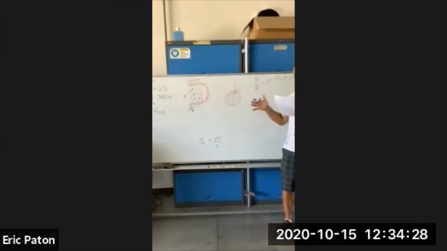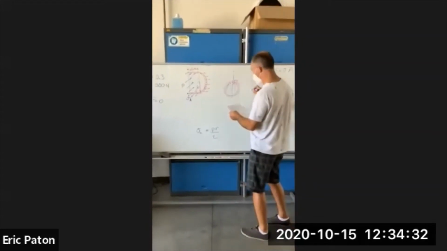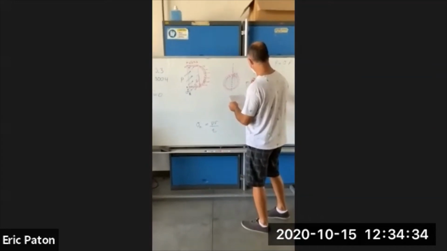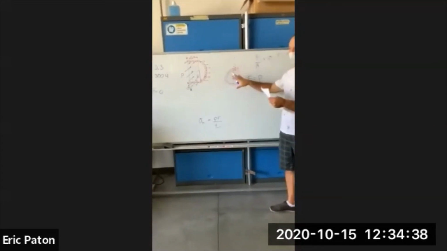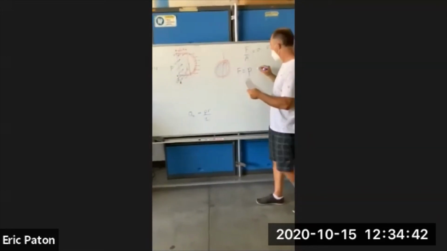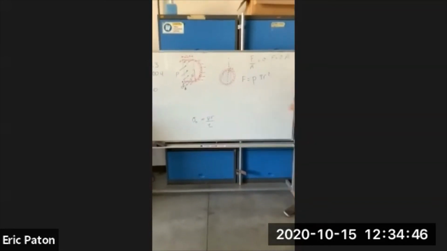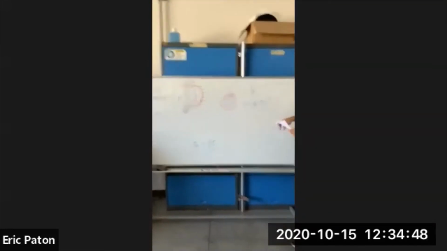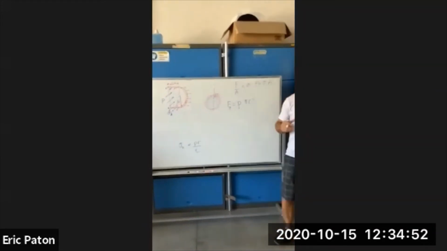That's going to be the area of the end caps. So if we look at the pressure that's acting on that, the force is P times area. So that area is going to be pi r squared. So that is the force due to the pressure that's inside, right?